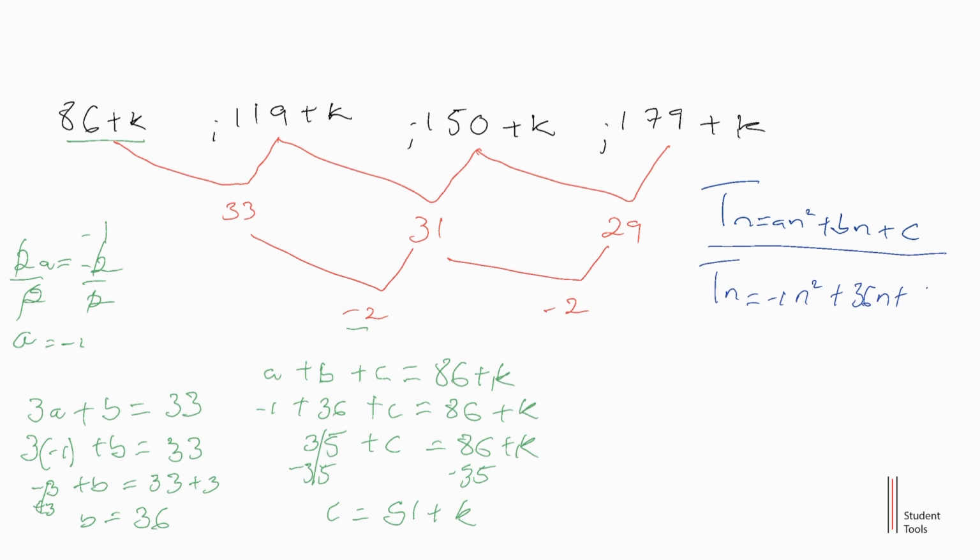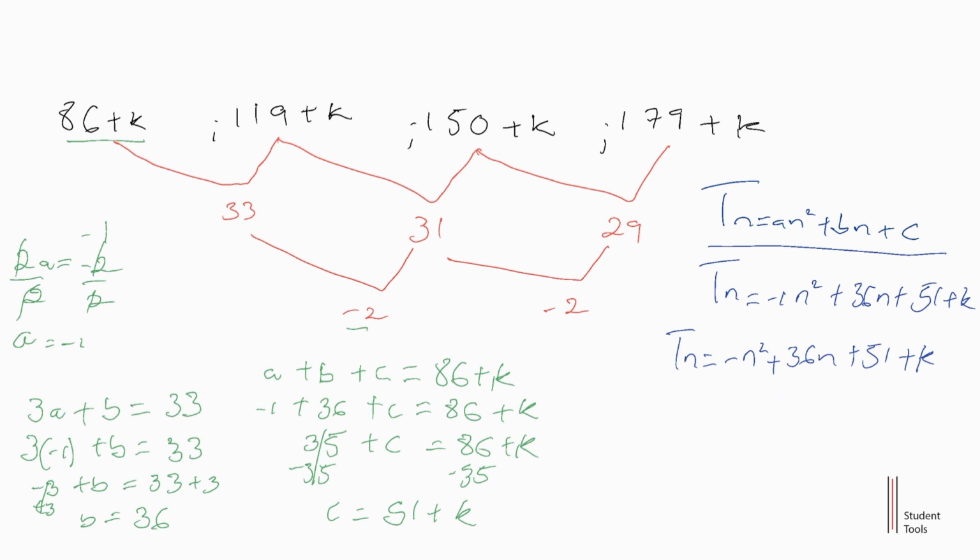So here we will have 51 plus k. So Tn is equal to negative 1 n squared is the same as negative n squared. So we bring down this plus 36 n plus 51 plus k. So this is how we determine the general term of the pattern.